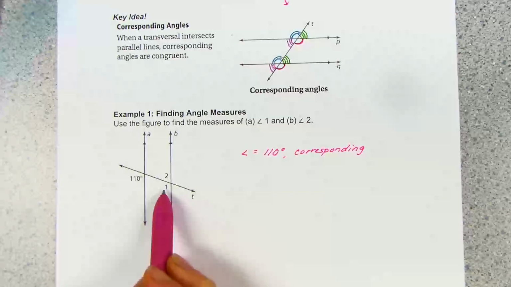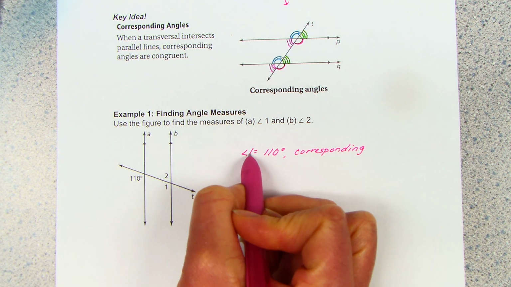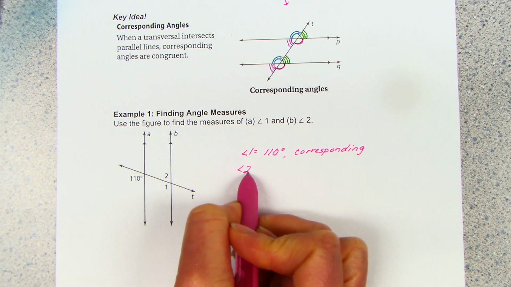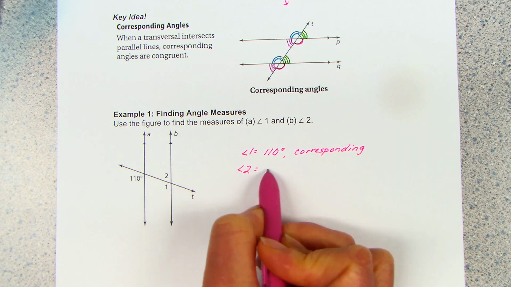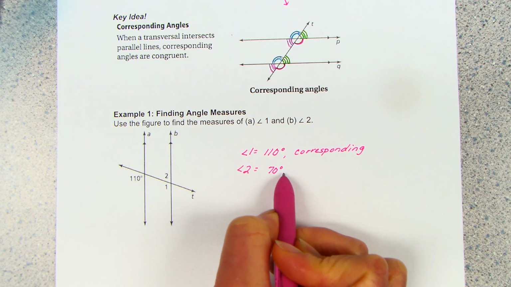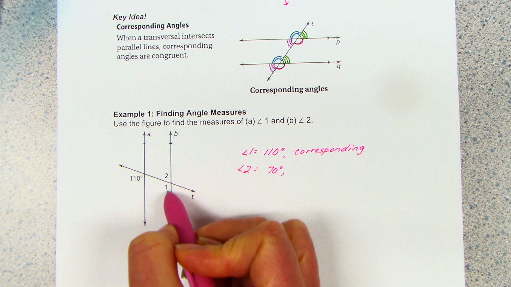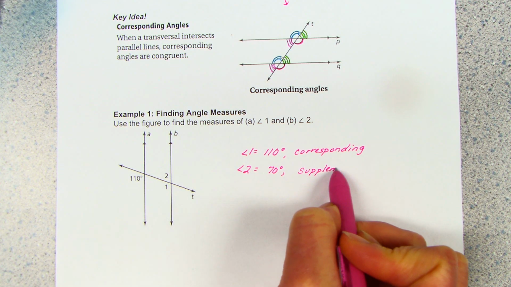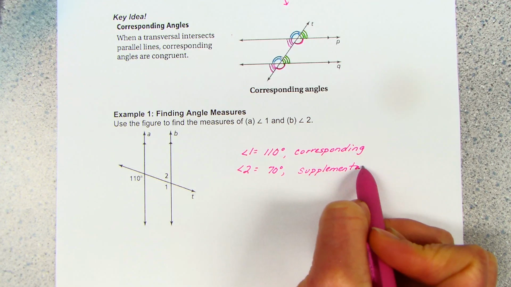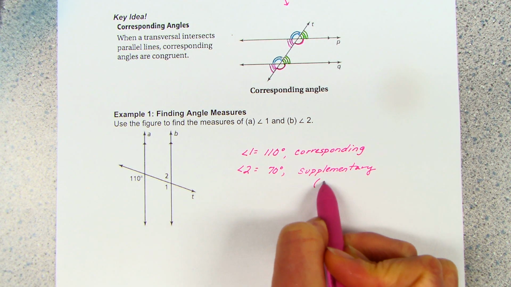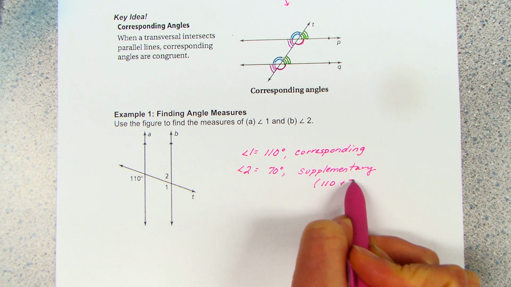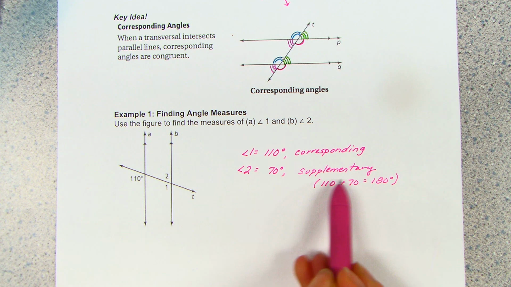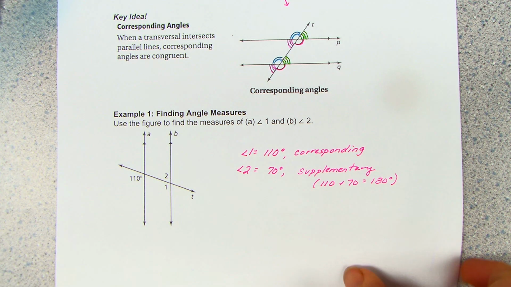And then if angle 1 is 110, then I know that angle 2 is equal to 70 degrees because it is supplementary to angle 1. I know that 110 plus 70 is equal to 180 degrees. Okay, that's what supplementary means. All right.